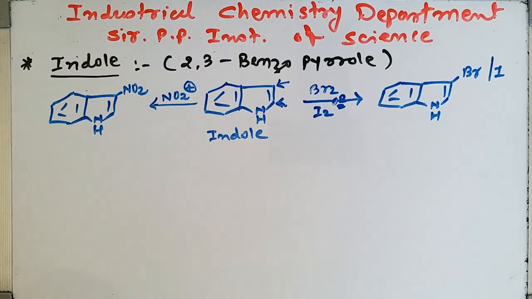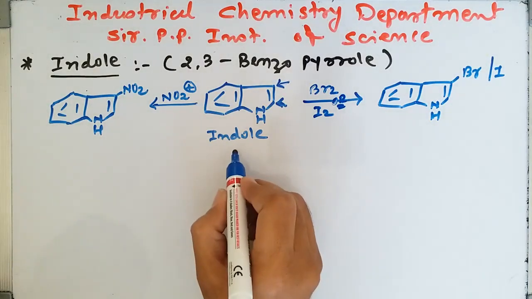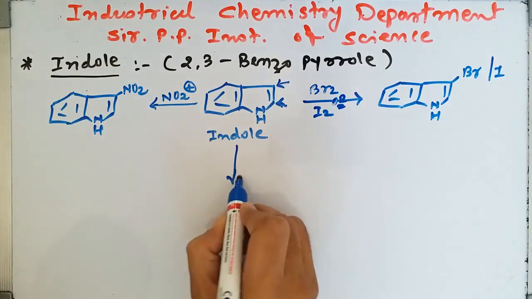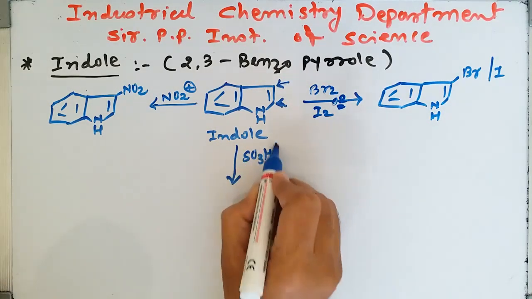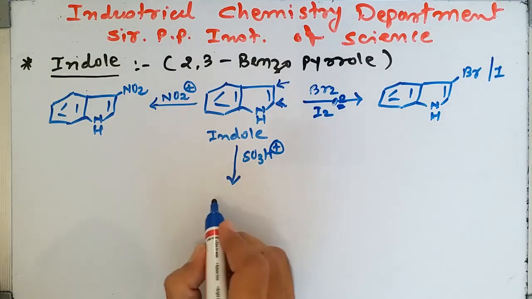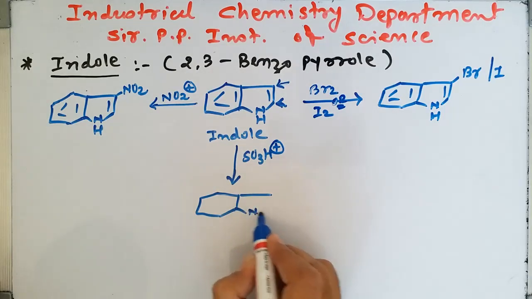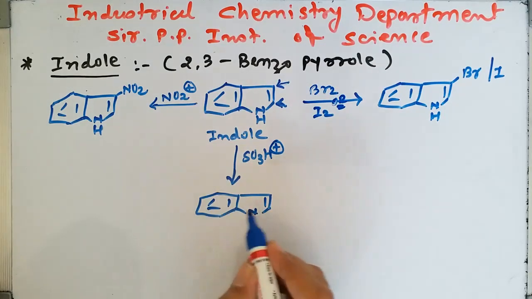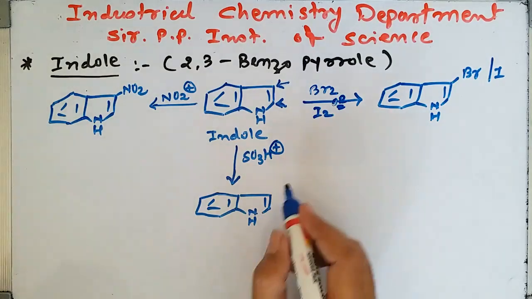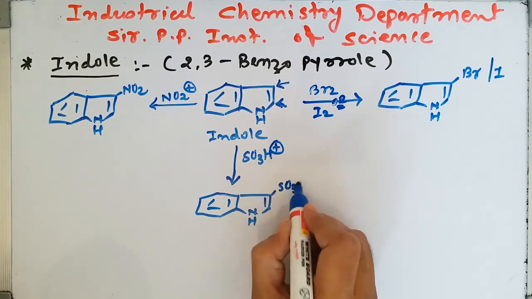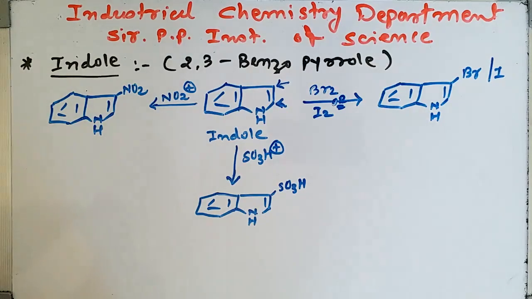Sulfonation takes place. The sulfonic group enters at position 3 and we get indole-3-sulfonic acid.